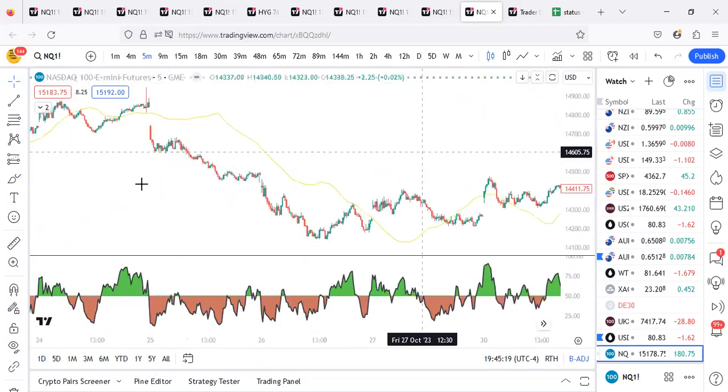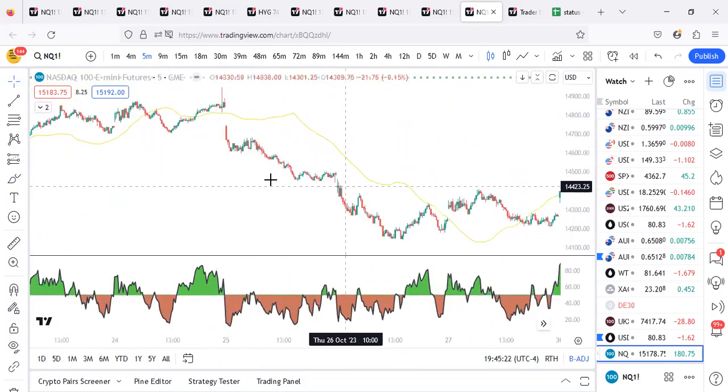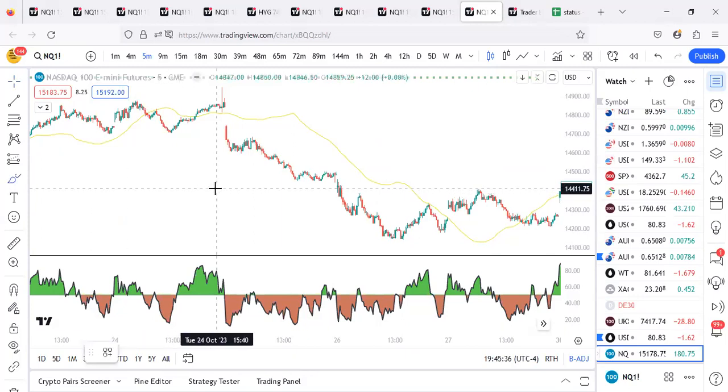Now let's go a bit behind. For example, over here in the downtrend, it will be totally opposite.